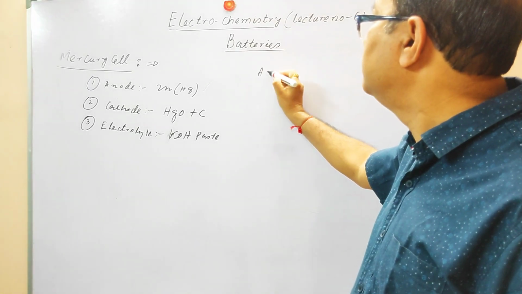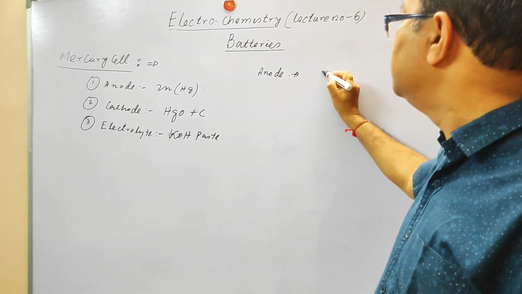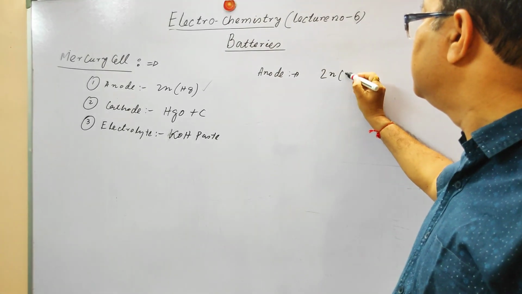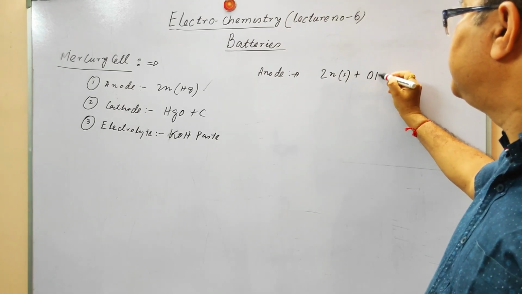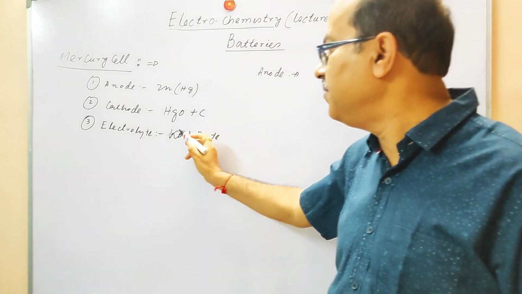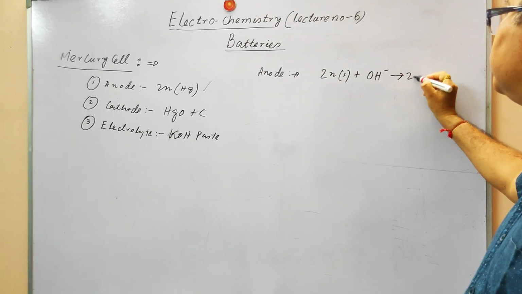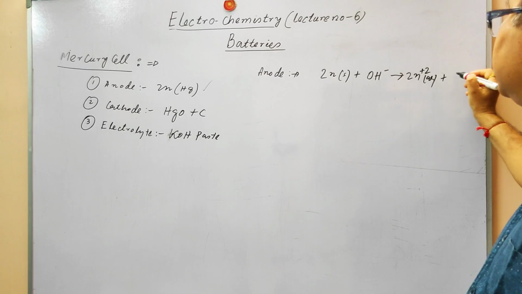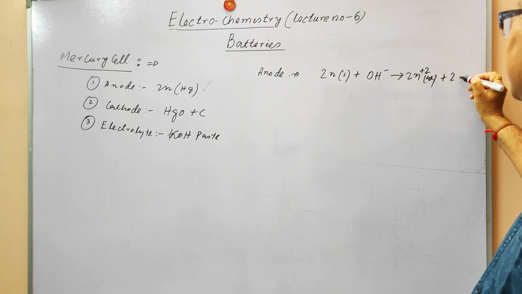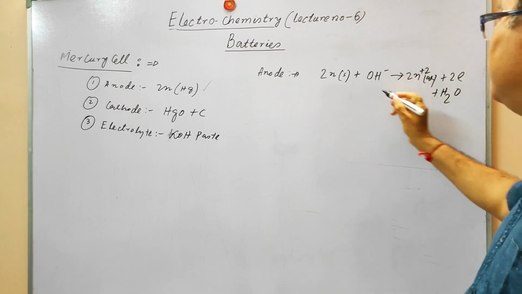In the anode, the reaction will be this: zinc plus, this will react with the OH minus. OH minus is coming from the KOH paste, and it is going to produce zinc plus 2 electrons, and it will give H2O.